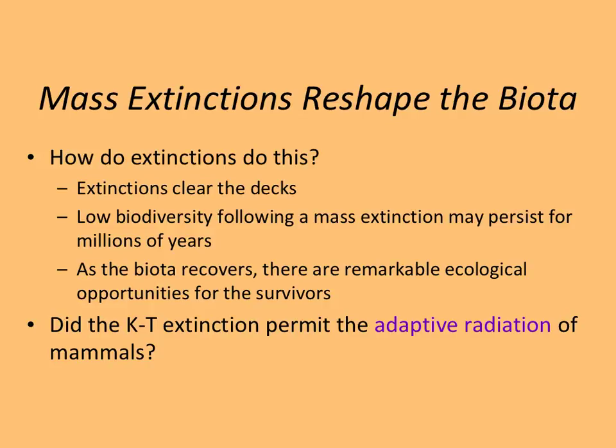There are all these remarkable ecological opportunities that are not there normally when all the niches are filled up. Now, it's been said that when the dinosaurs went extinct, we entered the age of mammals, because all of a sudden, mammals radiated right after that extinction event. An adaptive radiation is where you start with one or a few taxa, and then they speciate and make many different taxa.